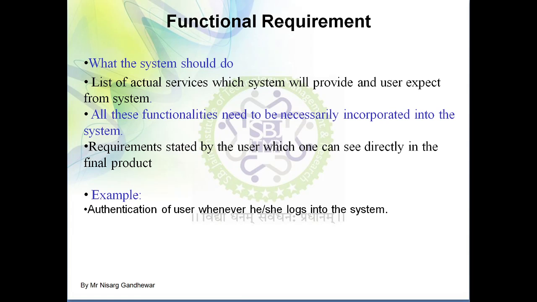We consider it a functional requirement, because for any software or system that you develop, you expect it to provide authentication. It should ask for a username and password, and then allow login to that system. So this is a functional requirement for the software.